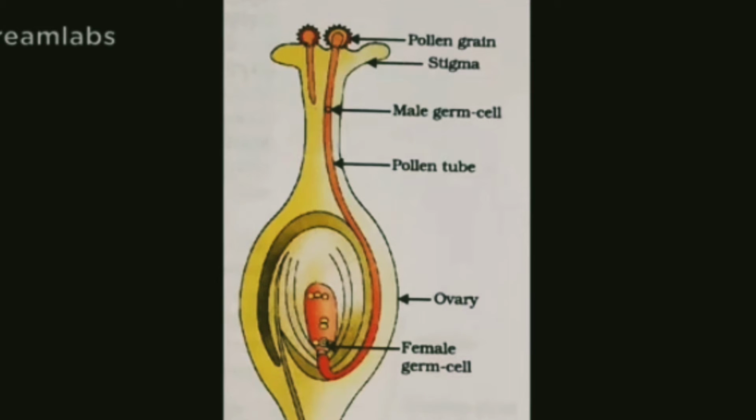Now you can see the ovule. Inside the ovule, you can find an egg cell or germ cell. The egg cell will have the female gamete. Pollen will have the male gamete.